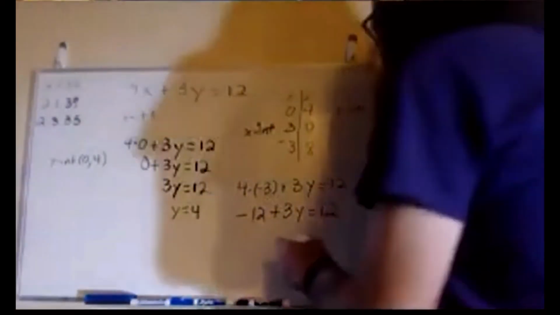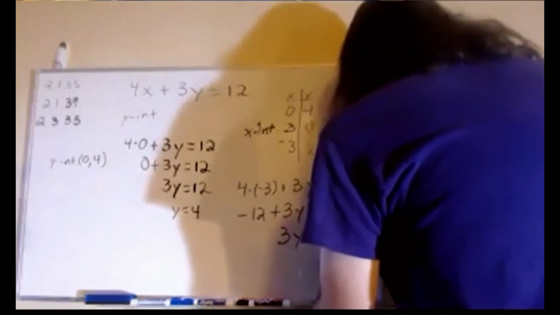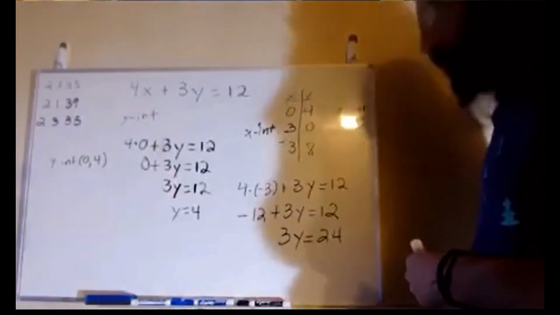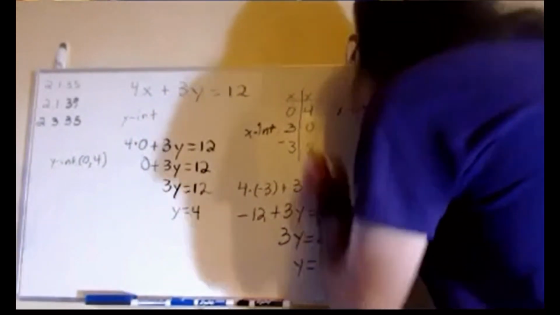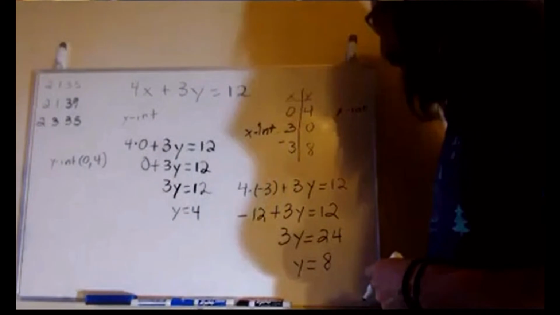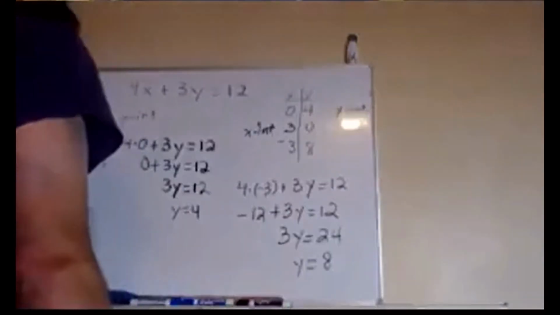Add 12 to both sides. And with 3y equals 24, divide both sides by 3. My prediction was correct of (-3, 8) being another point on the graph.